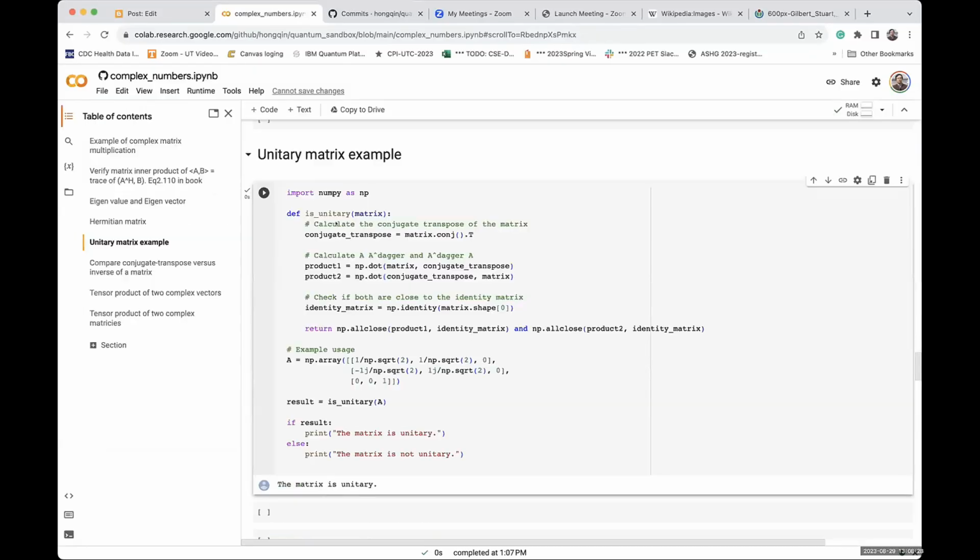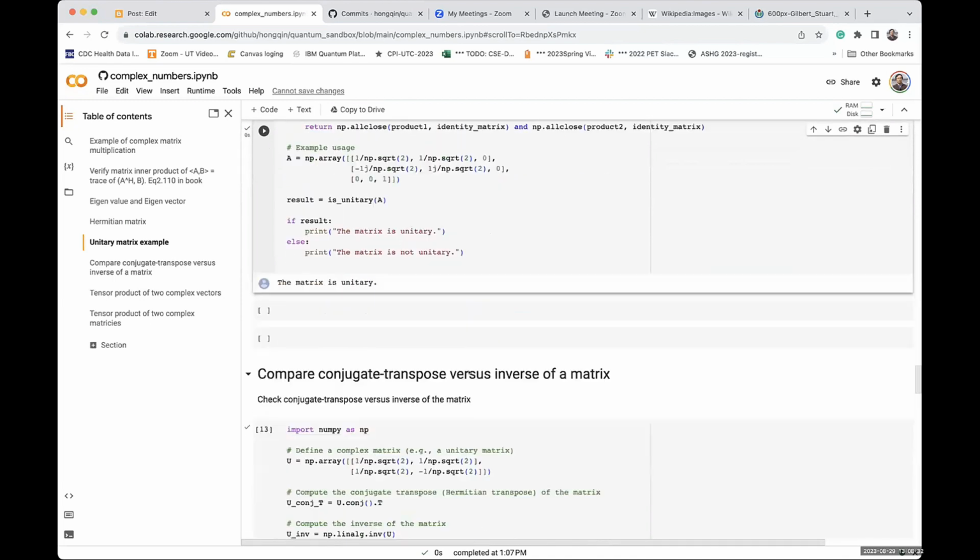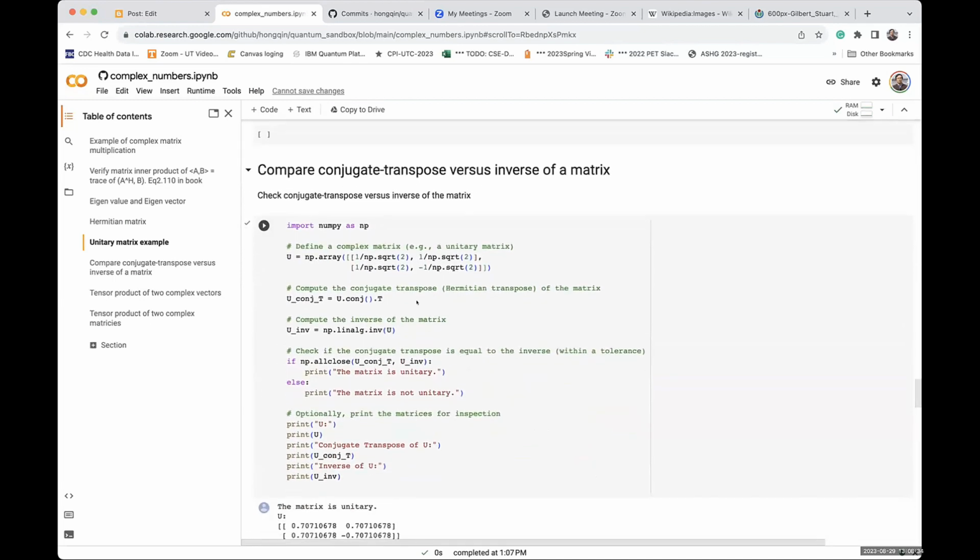Well, it's still a good exercise, I guess. So it actually had the material of this, then check.